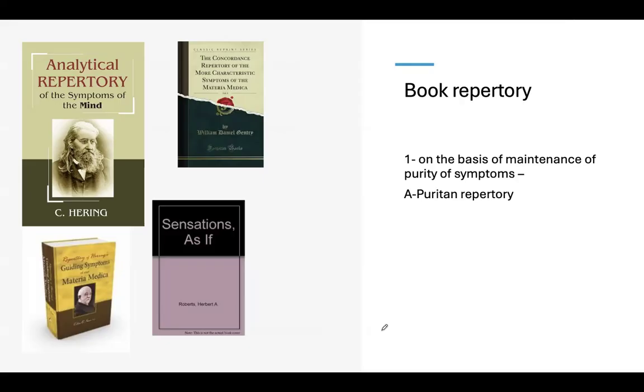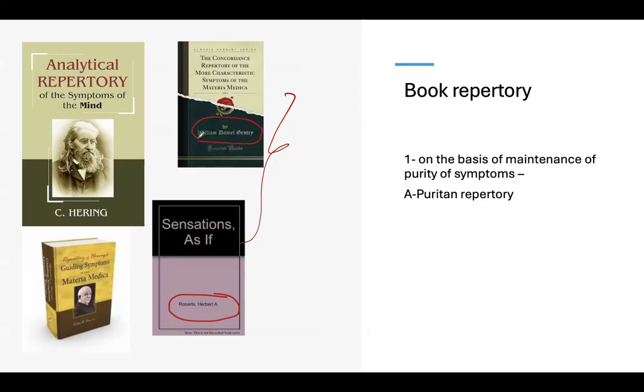So the symptoms written there are defined in the same words in which the prover is saying. That is why it is called Puritan repertory. So for these examples you should know the name of the repertory and the name of the author also, because all of this can be asked in MCQs.